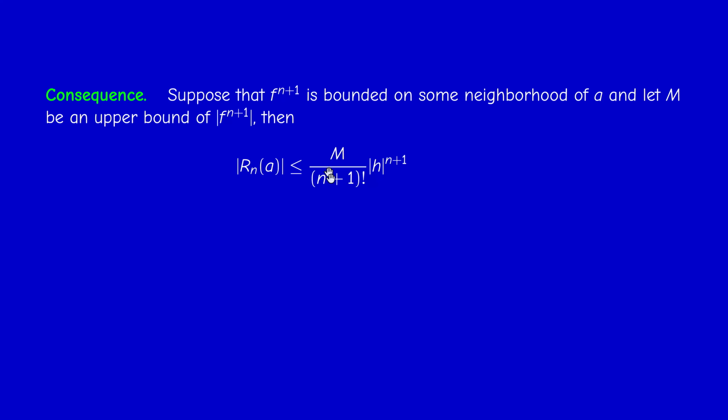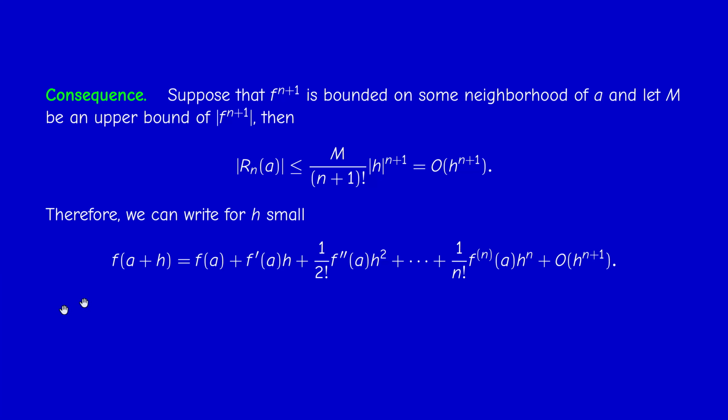And now this is a big O of h to the n plus 1 for h small. And in this case, I can write f as an n-order polynomial in h plus a remainder which is of order n plus 1.